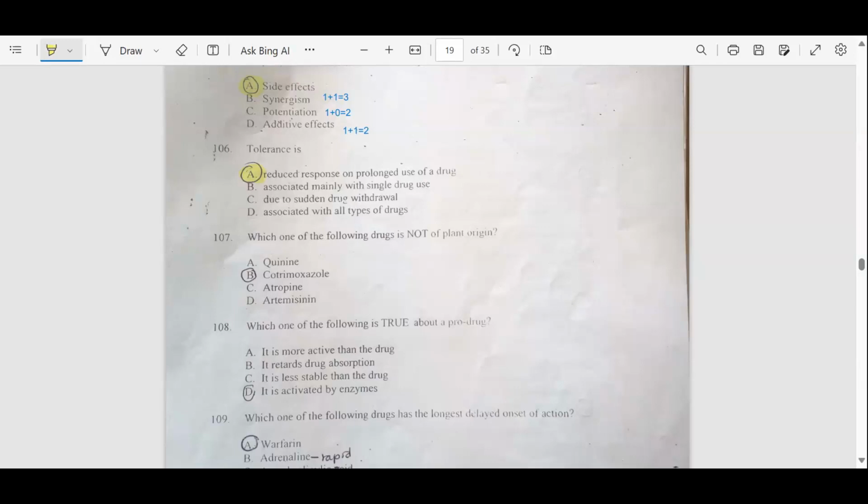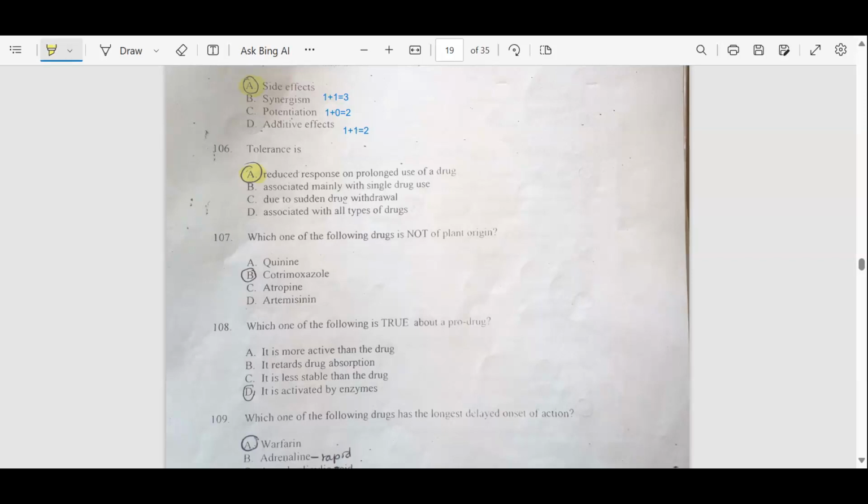So tolerance is developed over a long period of time, and tachyphylaxis is a rapid one. You can also say tachyphylaxis is an acute event, and tolerance is chronic. Legend is also saying the effect of the drug is reduced even if the dose is increased.